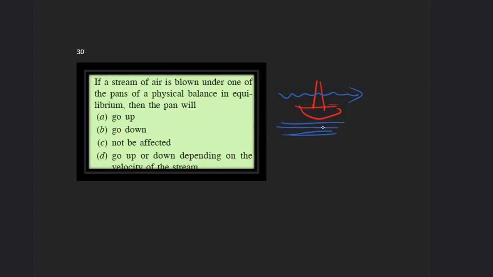So the velocity is higher there, and the velocity is smaller here, so here the pressure is smaller and here the pressure is higher, so force will be applied downwards. So the pan will go up or down, depending on, yes, it goes from higher pressure to lower pressure, it goes down. Answer is B. Right, so all of these questions are from mechanics.